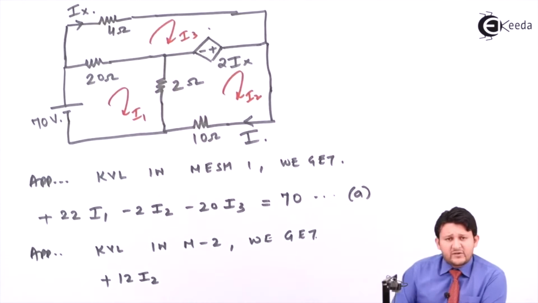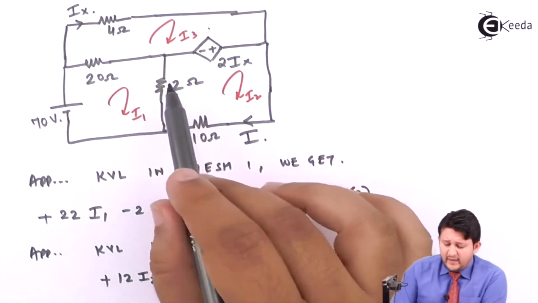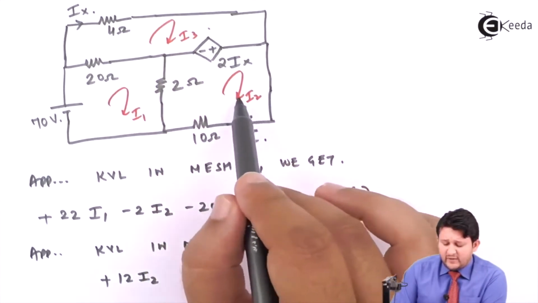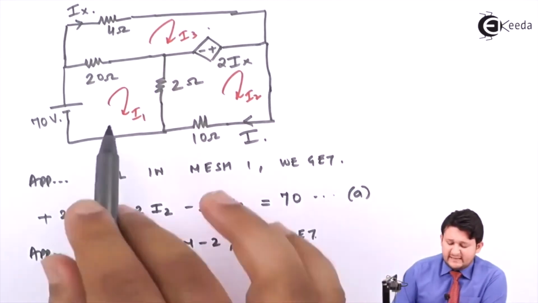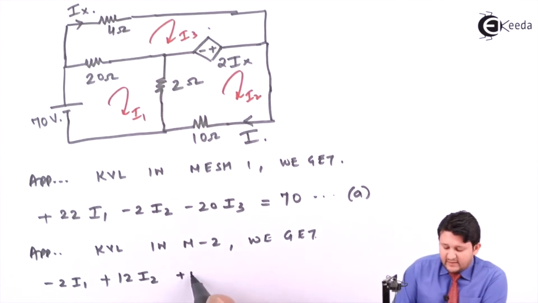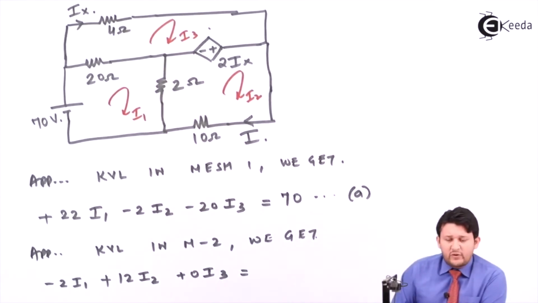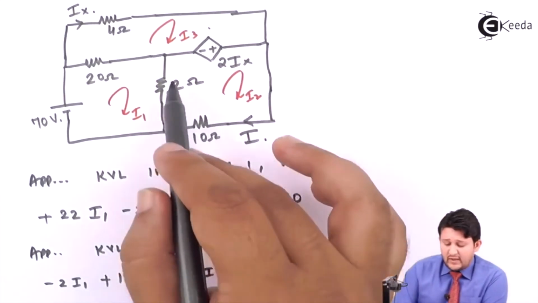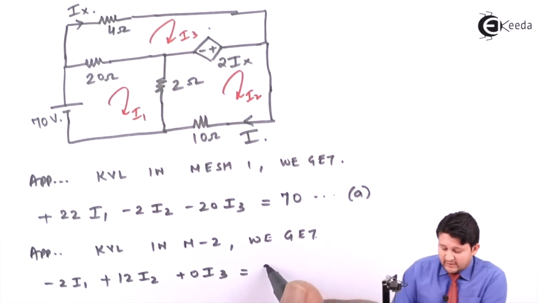Apart from I2, everything should be negative, right? So in both the resistances, apart from I2, is there any other current flowing? Yes, I1. So that means it will be minus 2 I1. I3 is not flowing, so it will be 0 I3. After equal to, you will be putting the voltage source. In mesh 2, how many voltage sources can you see? You will see 1. Current enters into negative, so that will be positive 2 Ix.